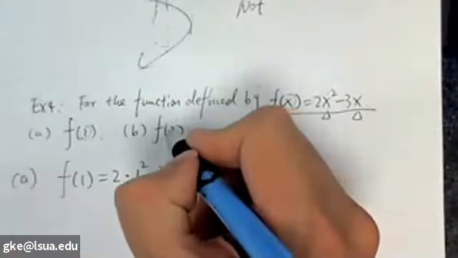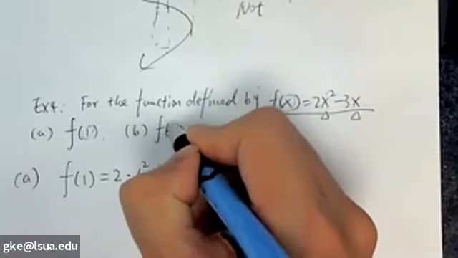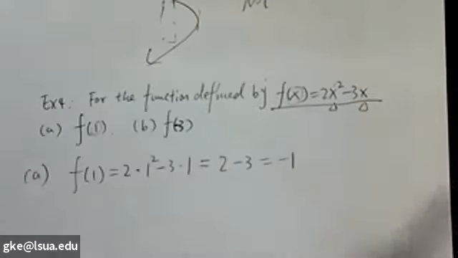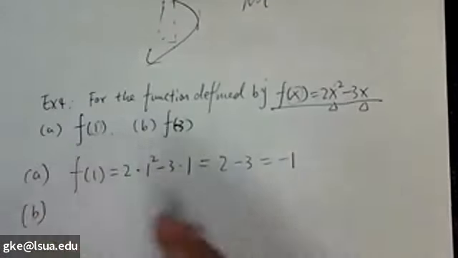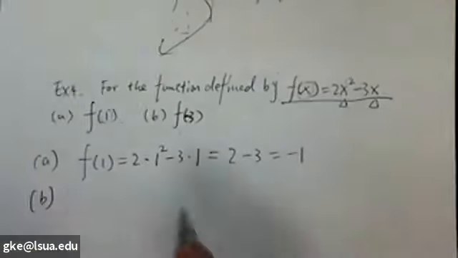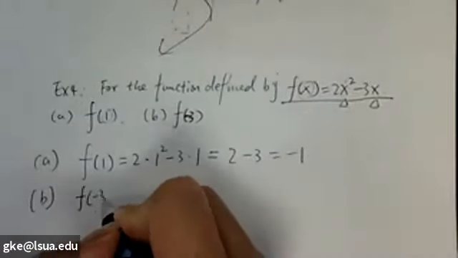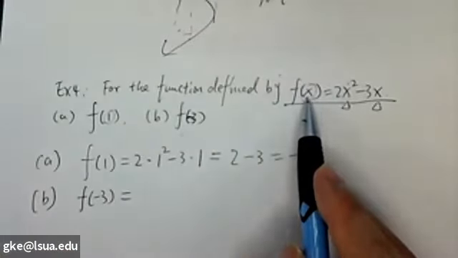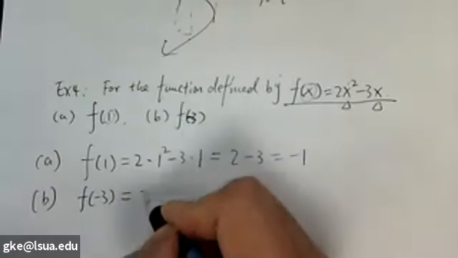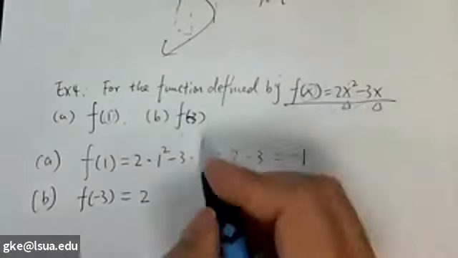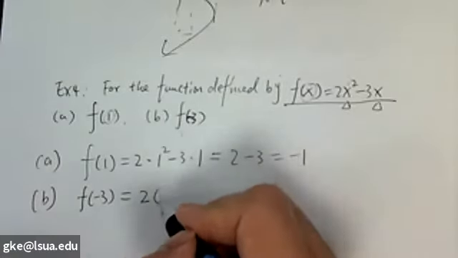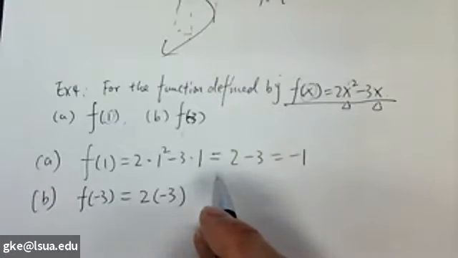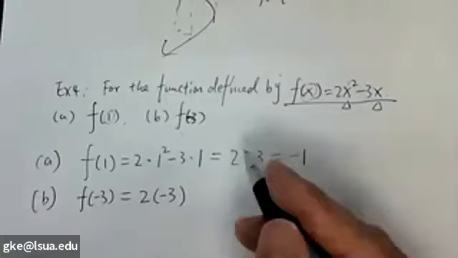And for example, I put it as a negative 3, f(-3), more challenging if I put a negative number there. So how about f(-3)? The same thing. Replace this x by negative 3, right? So we have 2 times, be careful when you plug in the negative value, you always put the parentheses in case you make a mistake.